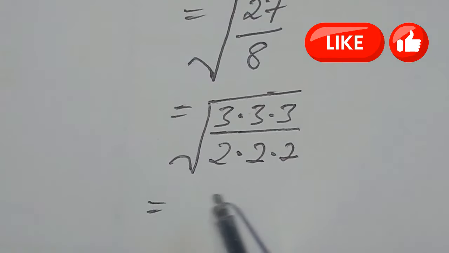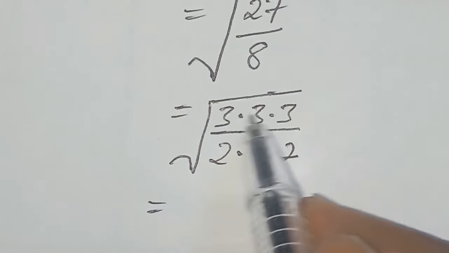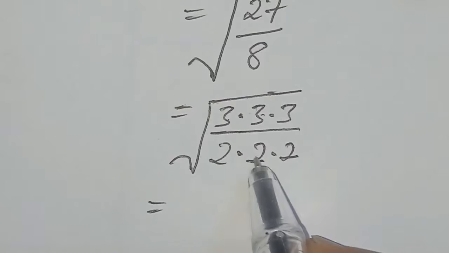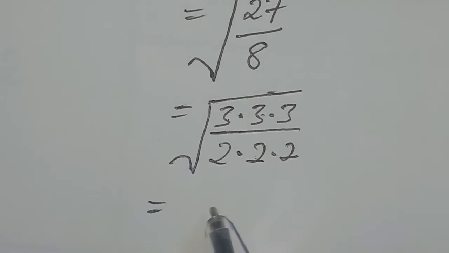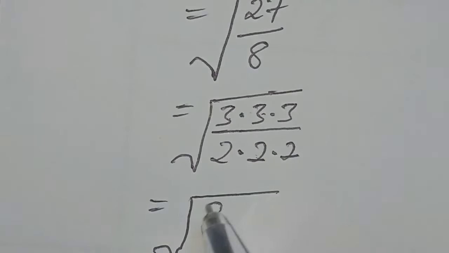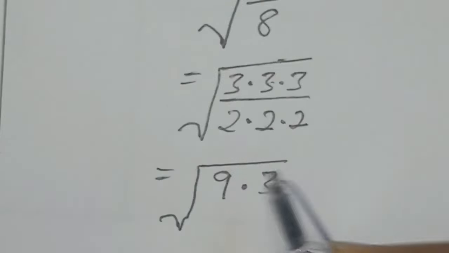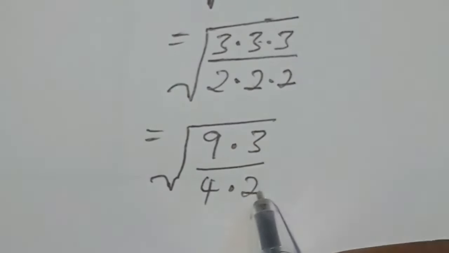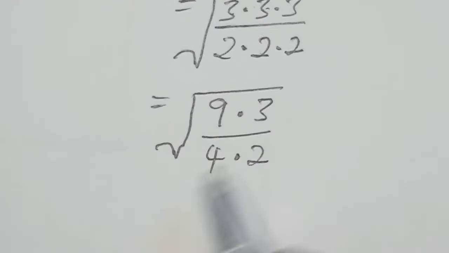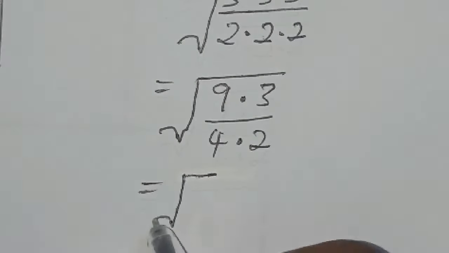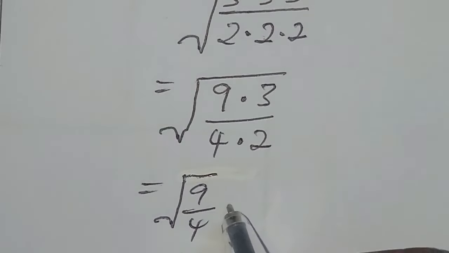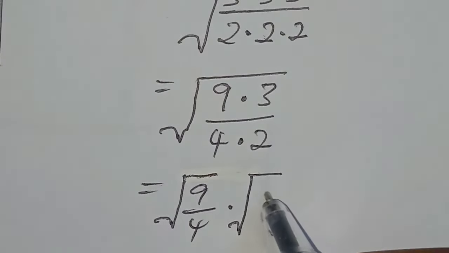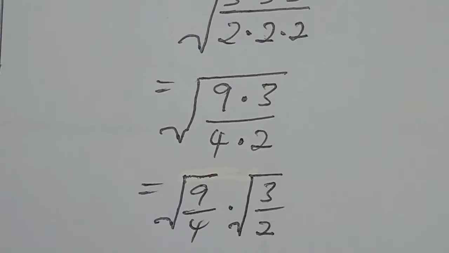We can combine these two 3s together and these two 2s to make a perfect square. So we have the square root of 3 multiplied by 3, which gives us 9, then multiplied by 3 over 2 multiplied by 2, which gives 4, then multiplied by 2. So we can now split this as the square root of 9 over 4 multiplied by the square root of 3 over 2.